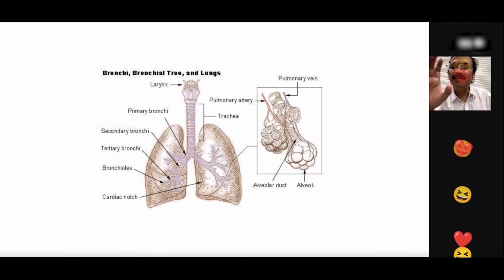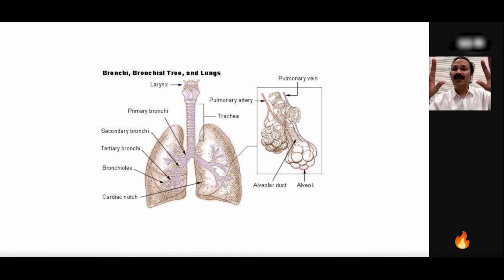So anatomically, we can see there's a trachea, there is a bifurcation of the bronchus, then there are the lobar bronchi, then the segmental bronchi, the bronchioles, and the alveoli. Now, our focus today is purely going to be the bronchioles and the alveoli.